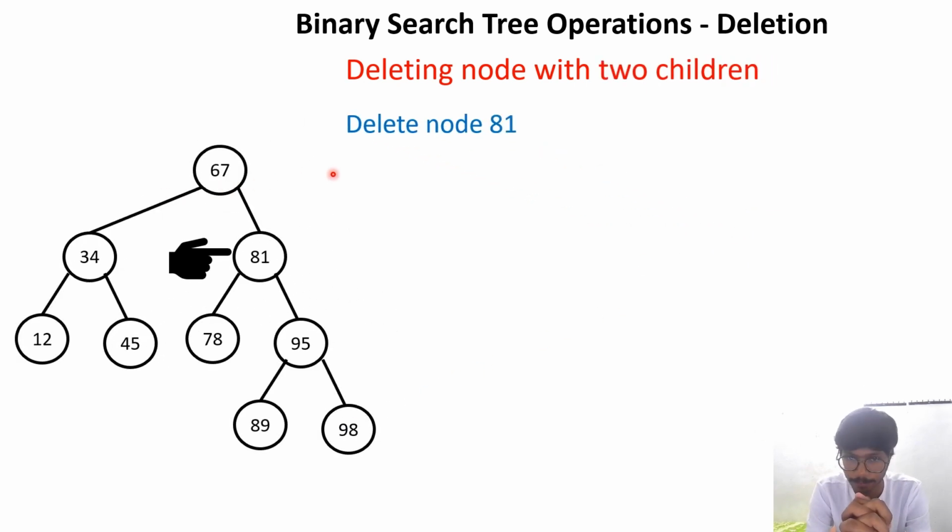Now let's see if you have the node value 81, which has two children, not one child. If we delete the node 81, we are going to add this left subtree to the deleted node's place. So let's see how.